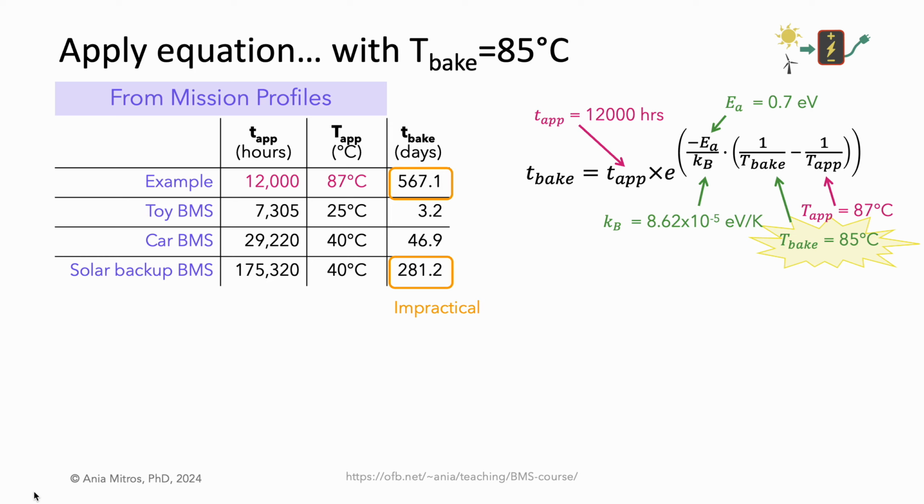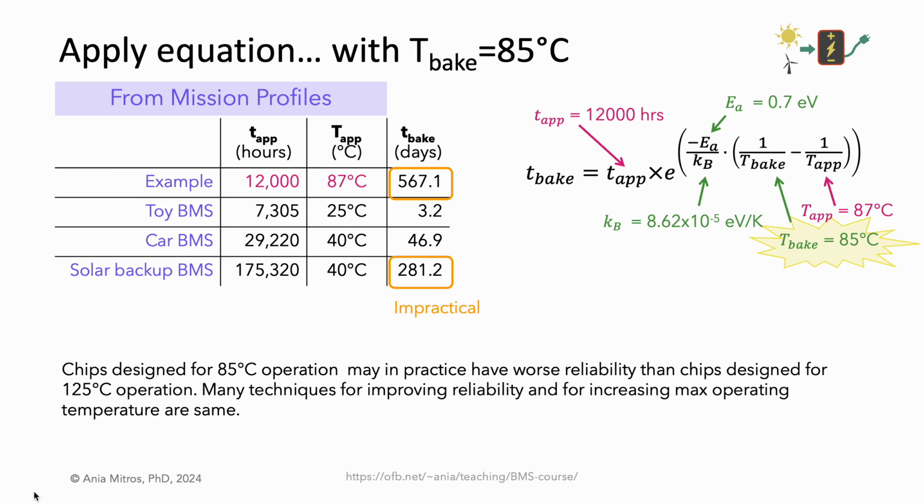And if you can't validate the reliability of a thing, maybe you should worry about the reliability of that thing. Chips designed for 85C operation may in practice have worse reliability than chips designed for 125C operation. Many techniques for improving reliability and for increasing max operating temperature are the same.